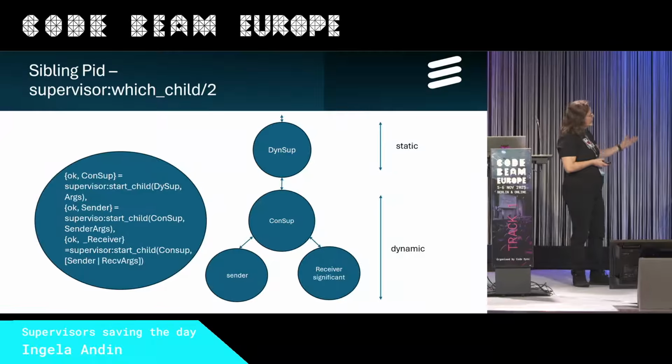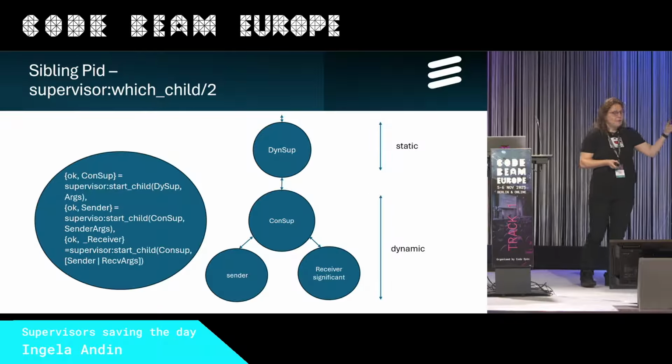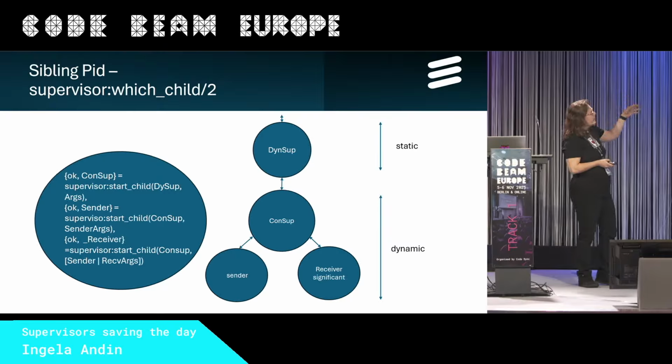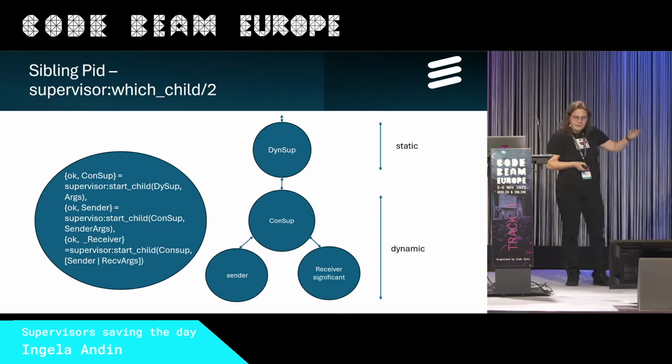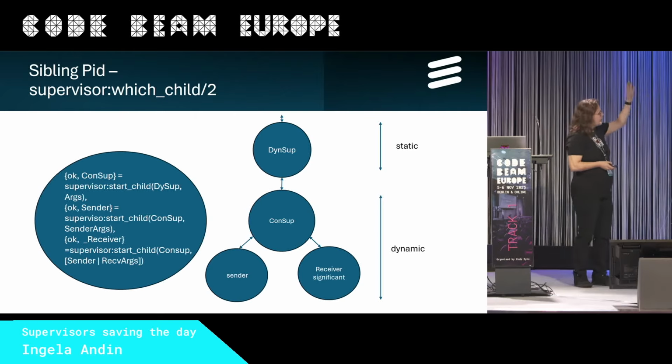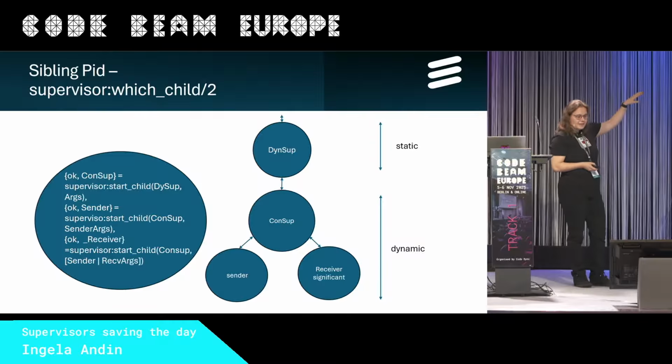So what I did before was that I started it manually. Because then I can get the PID of the first child and put it in the argument list of the start of the second child. The problem here is that now this code is not running in the SSL application. It's running in the user process.